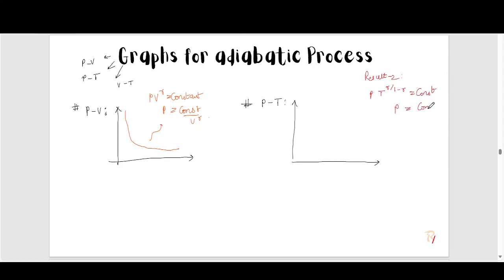P is equal to constant upon T to the power of gamma by 1 minus gamma.